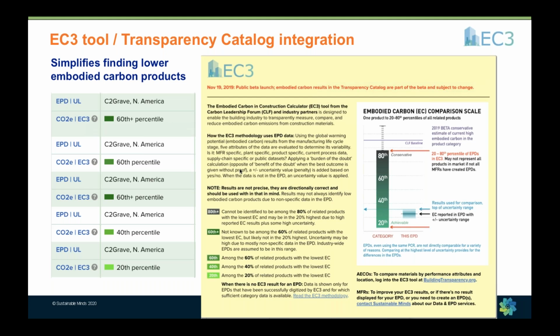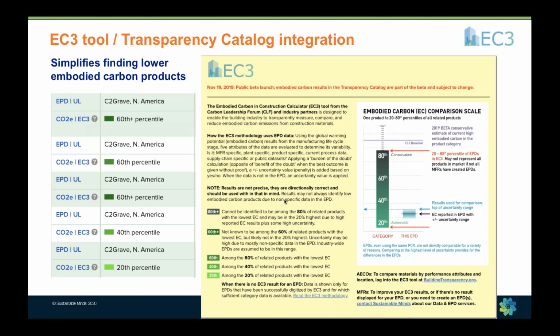And so in this little tooltip, we explain what is the EC3 tool. Here's a 1-paragraph definition of the methodology, talking about the burden of doubt, applying a plus or minus uncertainty value when the data is not specific, and with a big reminder that results aren't precise, they're directionally correct.